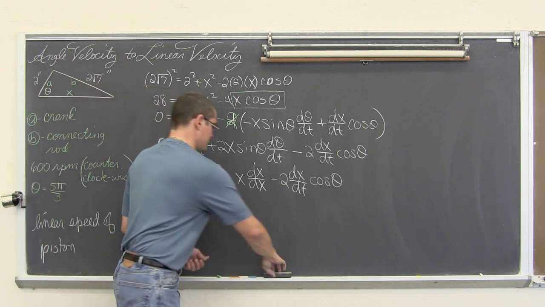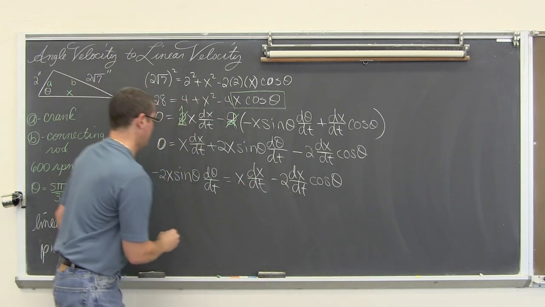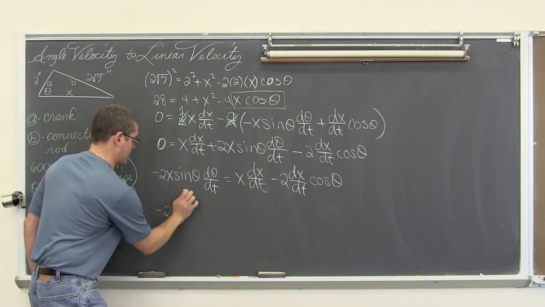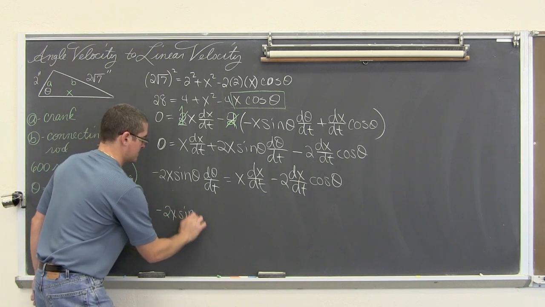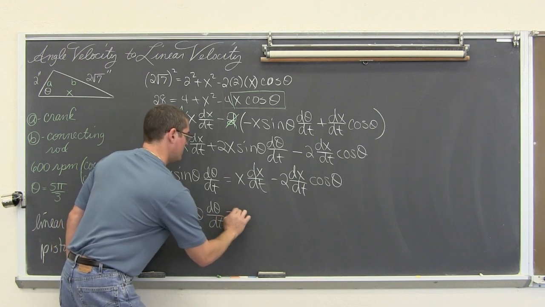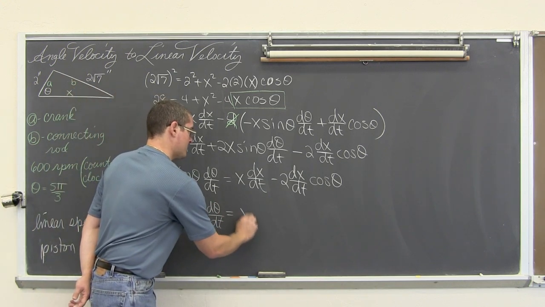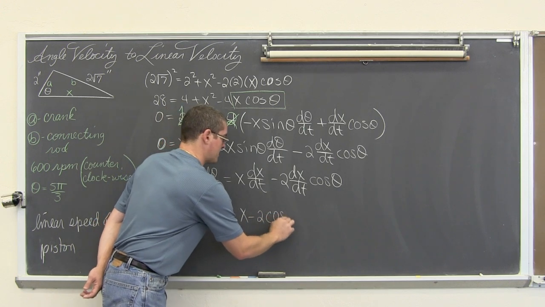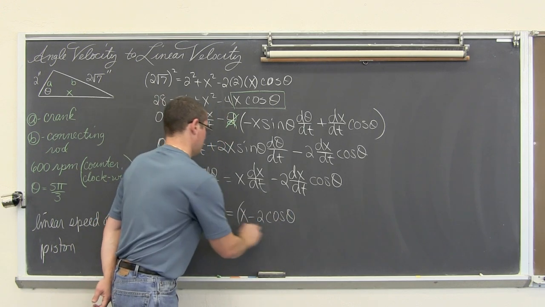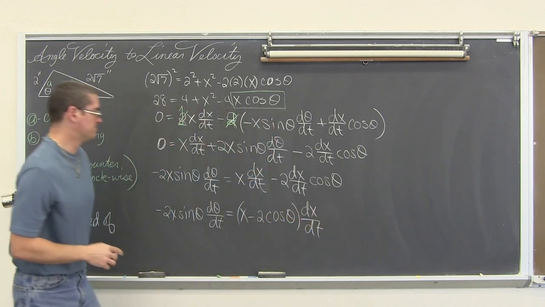I'm going to factor dx over dt out of both of these terms, and that's going to give me negative 2x sine theta d theta dt, which is going to be equal to x minus 2 cosine theta times dx dt.